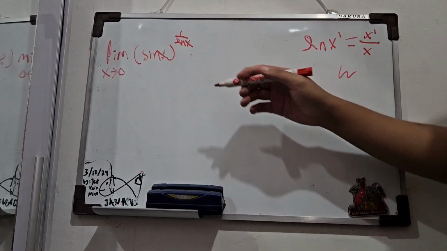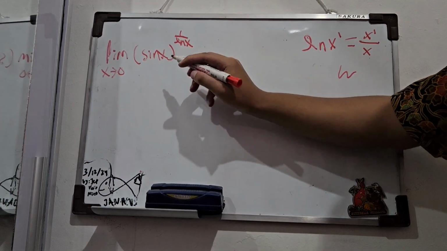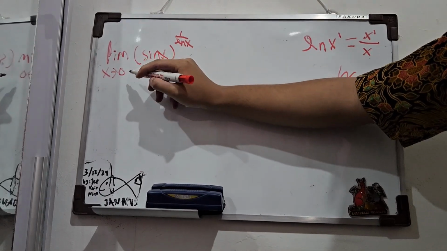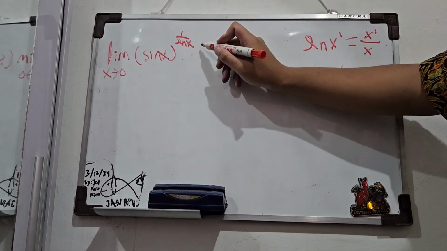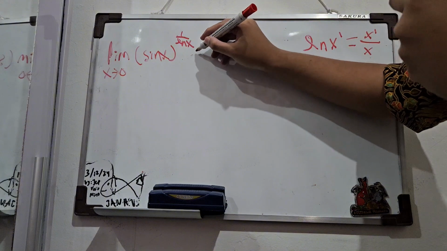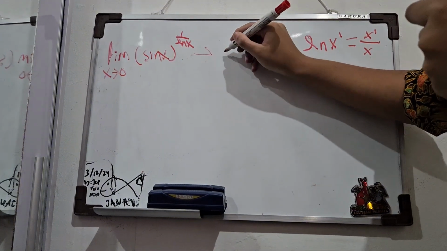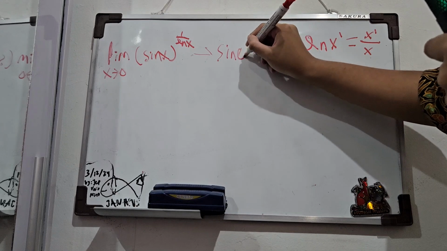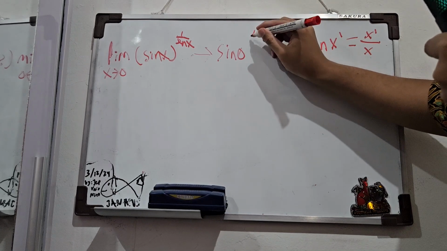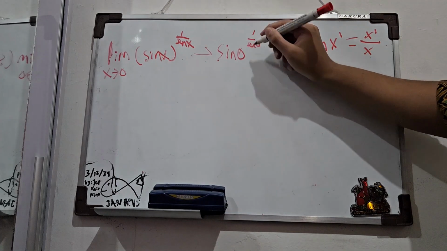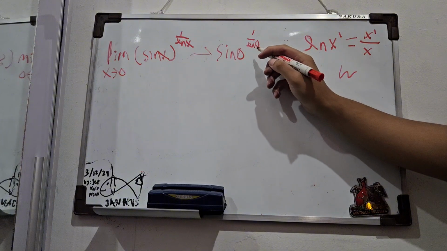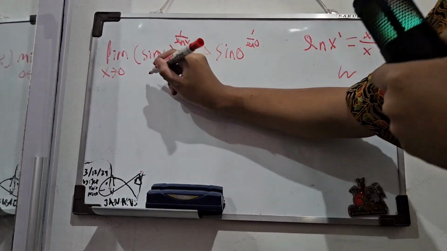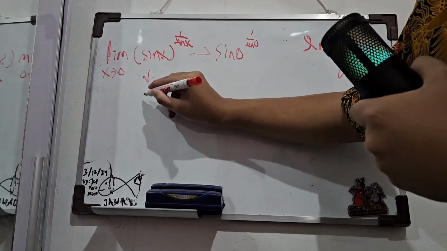Okay, let's try a higher function now. Limit of x approaching 0, sin x to the power of 1 per ln x. If we were to substitute this, it would become sin 0 to the power of 1 per ln 0. ln 0 is undefined. So before using L'Hopital's rule, we need to first take the ln of this.